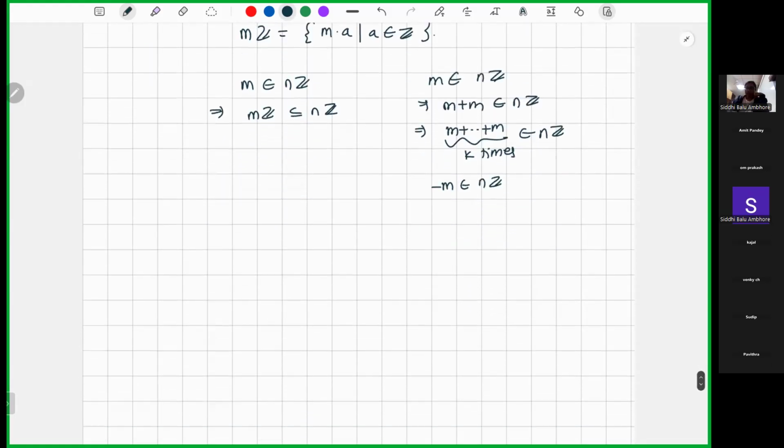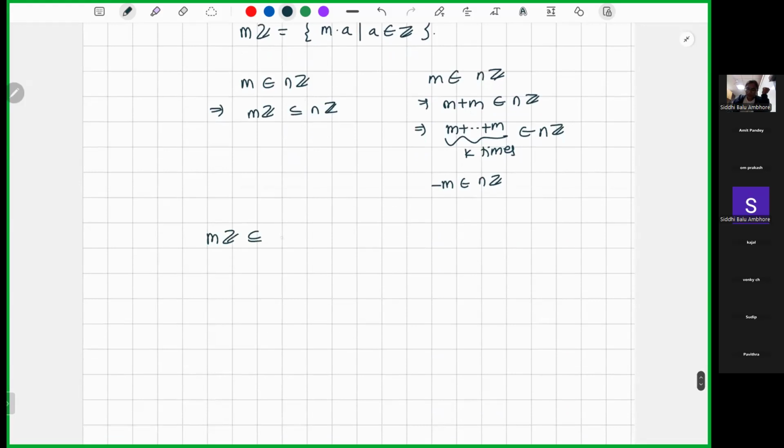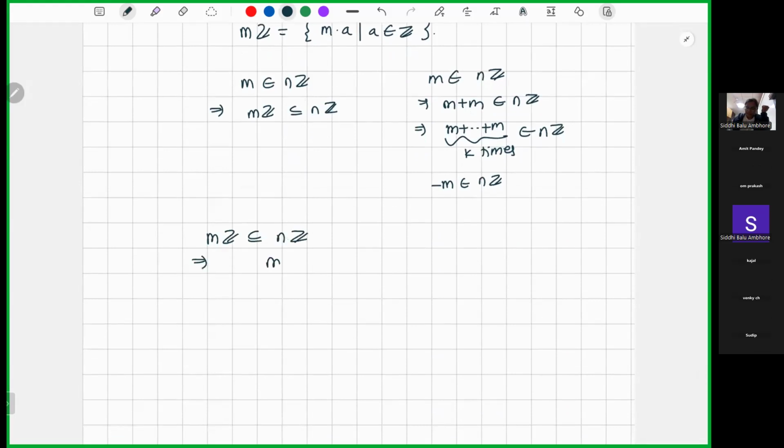So if I have mZ contained in nZ, this implies that m belongs to nZ, because m times 1 belongs to nZ.